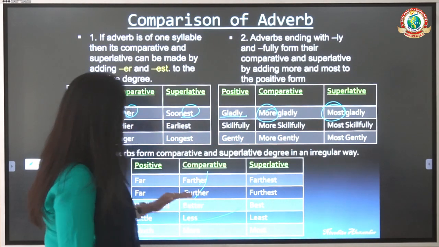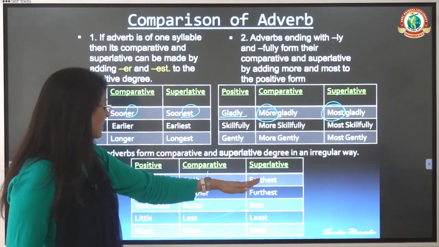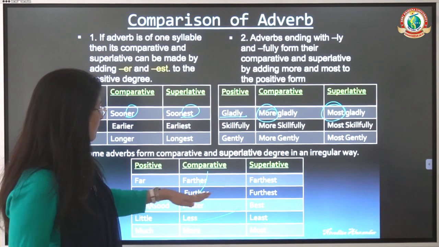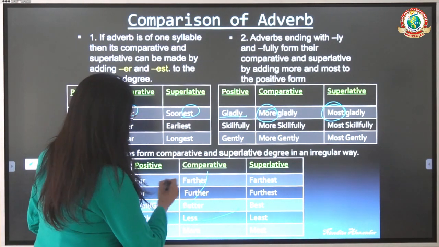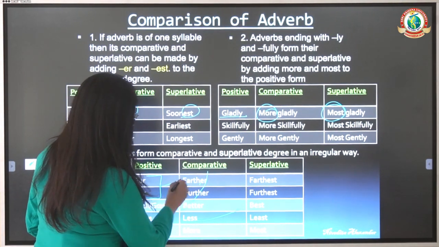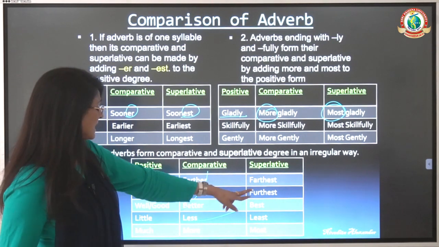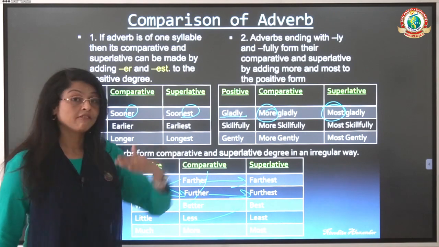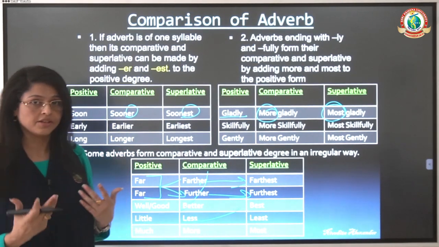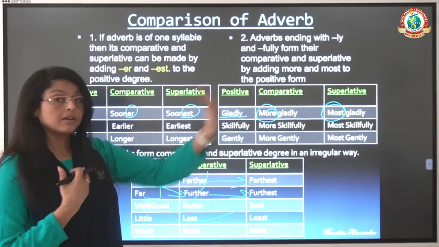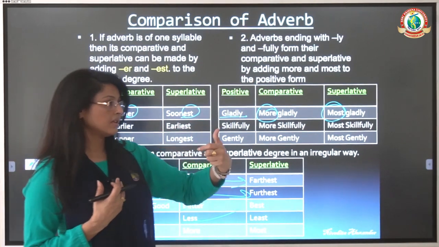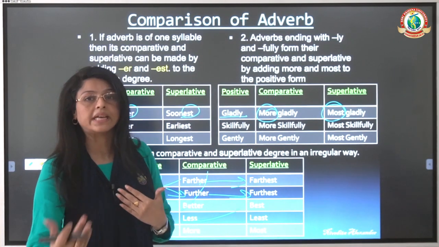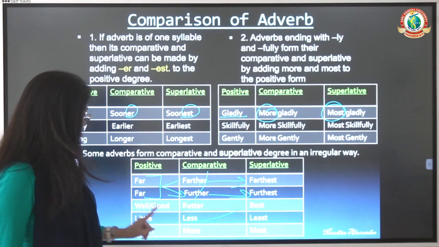Clear? Similarly, far, farther, farthest, far, further, furthest. See, these are two similar things, but you can see they are completely different. You see here? Farther and further. You know, farther means away, further means ahead. Clear? Clear? This is how.